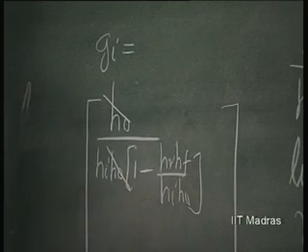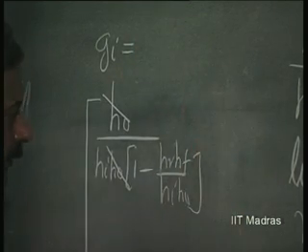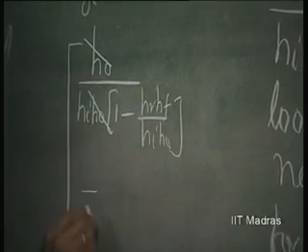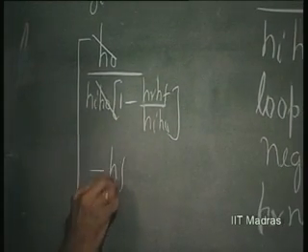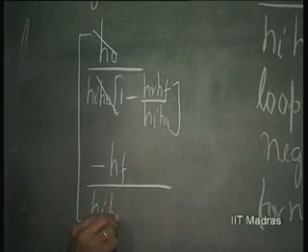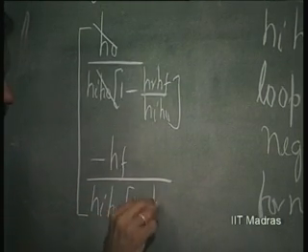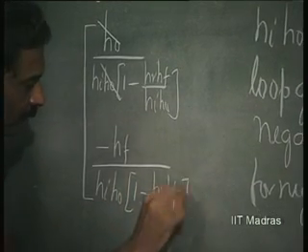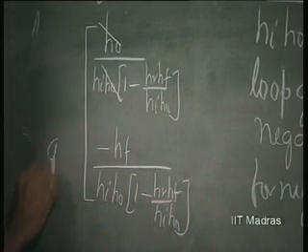So, this is G I and the other factor here is going to be minus H F divided by H I H naught into 1 minus H R H F by H I H naught. This is going to be our G F now.